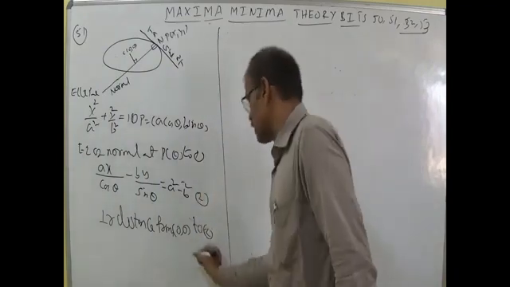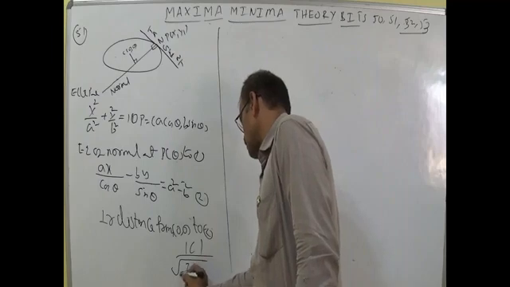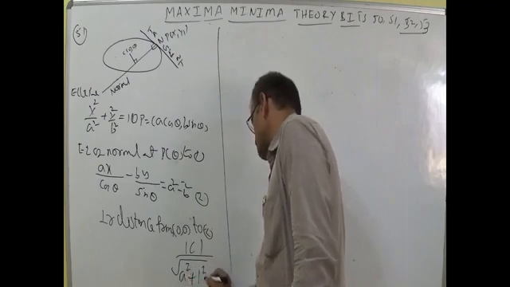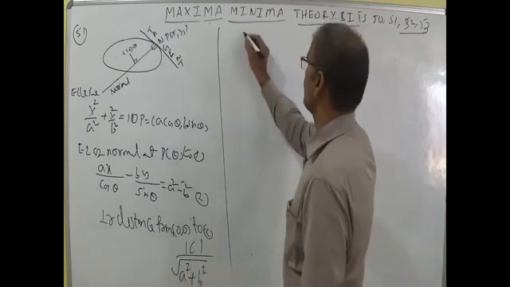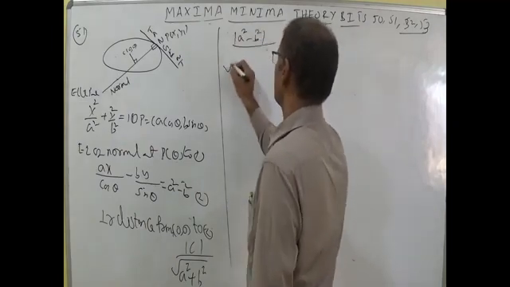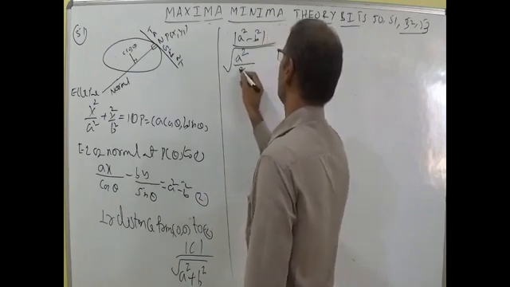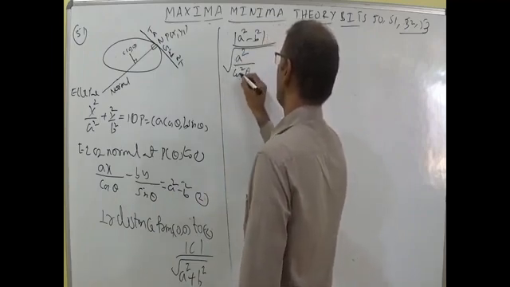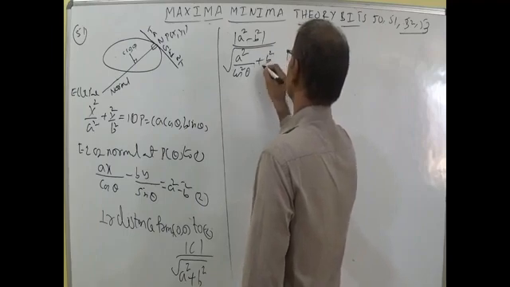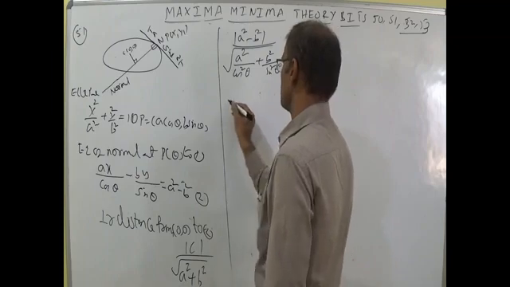We know the formula, let us remember it: |c| by root of a square plus b square. So what is |c| here? a square minus b square, by root of a square by cos square θ plus b square by sin square θ.